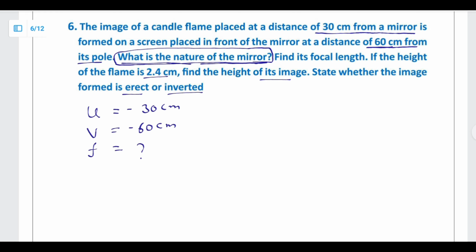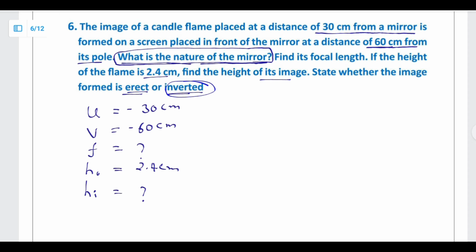The height of the flame h naught is equal to 2.4 centimeters. Find the height of the image, hi, how to find? State whether the image formed is erect or inverted. You know, all real images are inverted images.